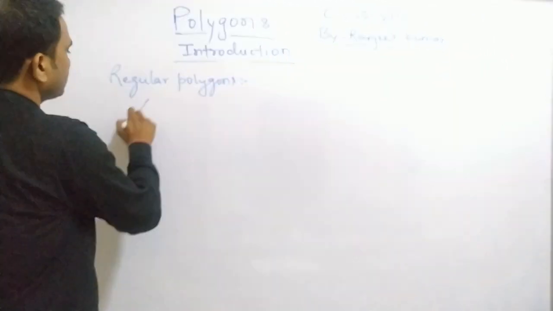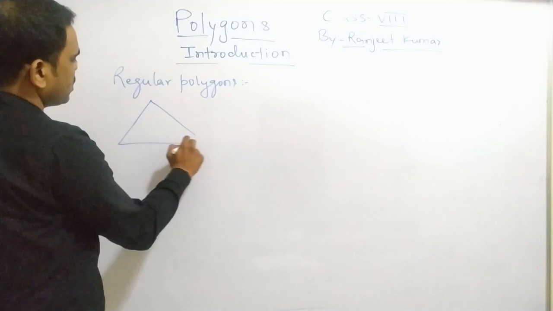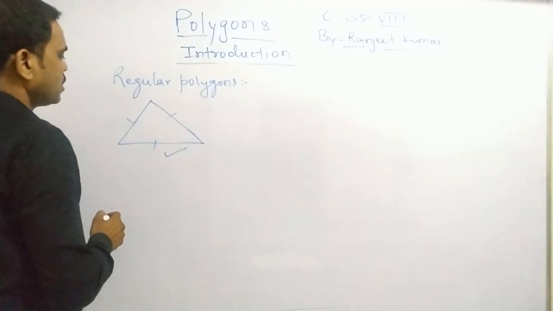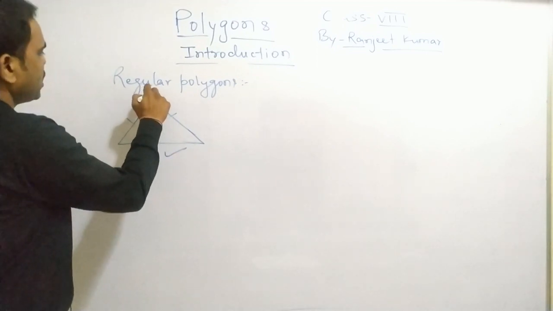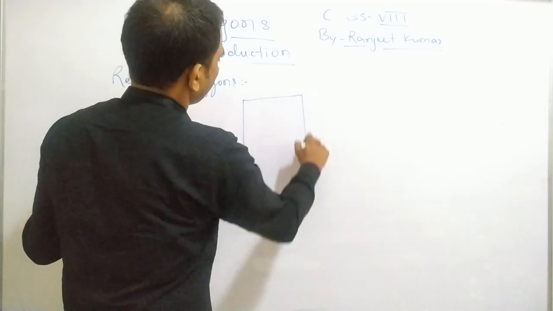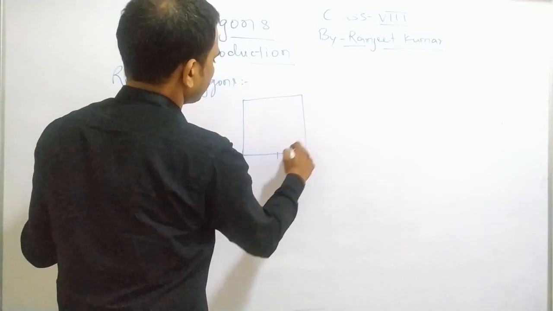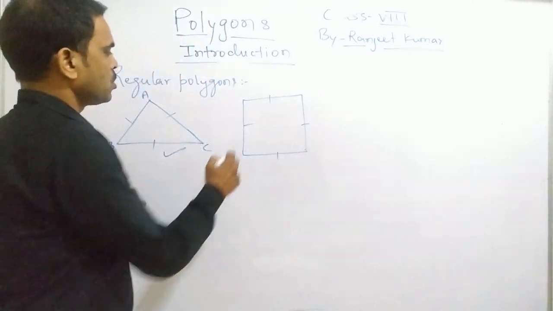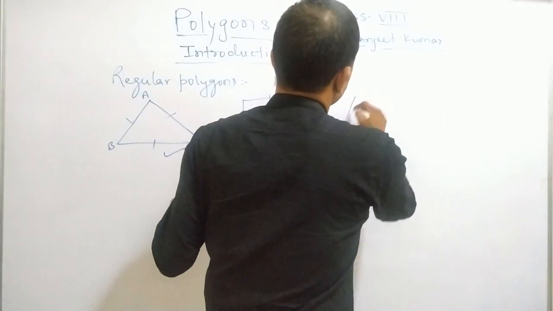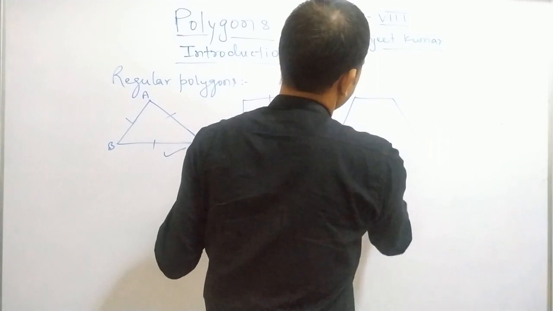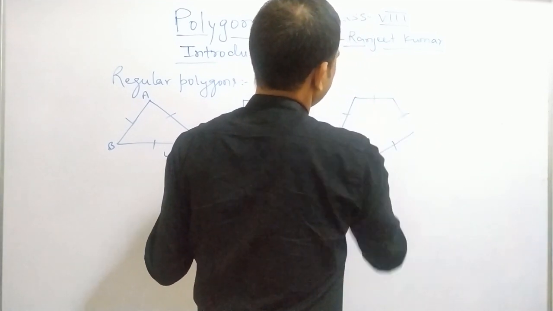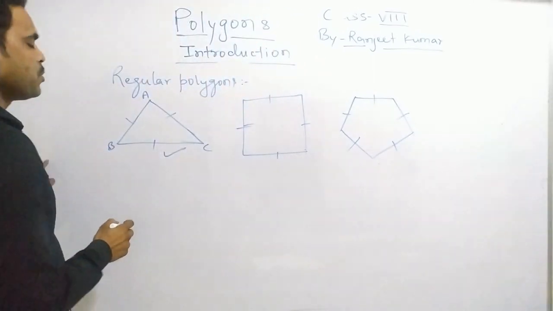Like in this triangle A, B, C, if I say all are equal, so this will be a regular polygon. This square is also a regular polygon. All the sides are equal. This pentagon, if I say all are equal, so this will also be a regular polygon.